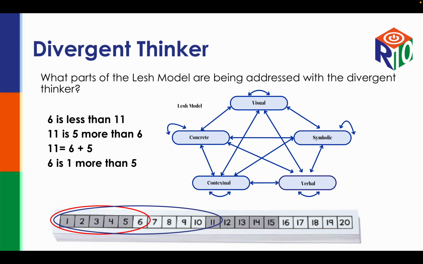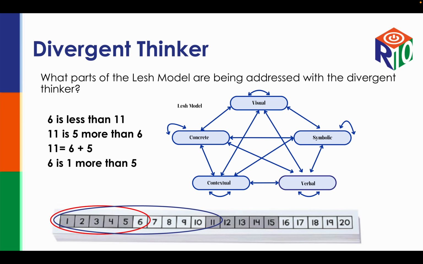So our divergent thinkers really thinking of all of the different ways. But what we need to be sure of is that they can hone in like our convergent thinkers. It is so great to see the beauty in all of the different ways that this is addressed. Now, how can we determine what the most efficient way is? And that's going to be different for our divergent thinkers.